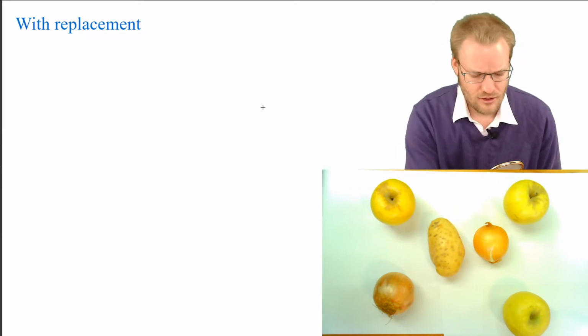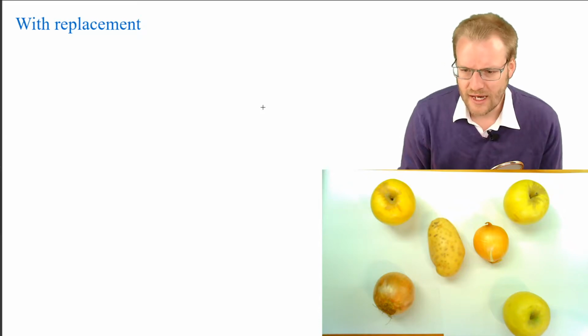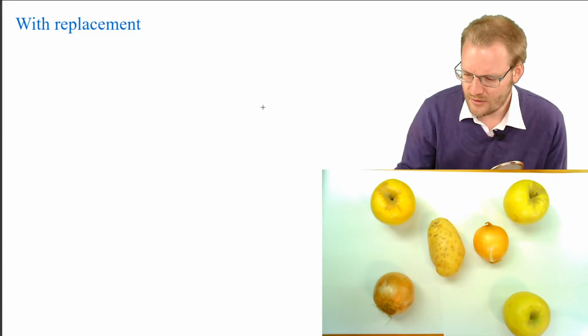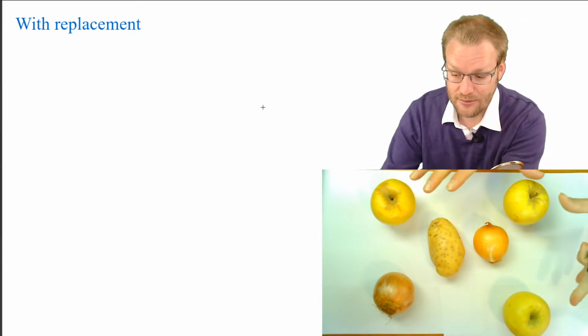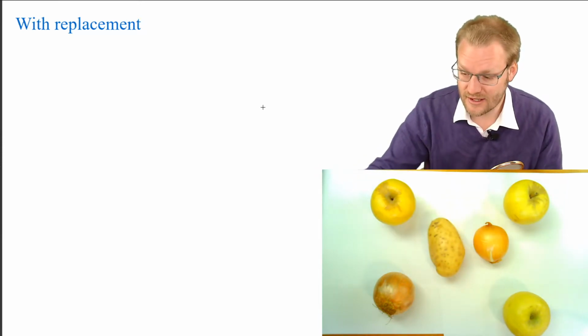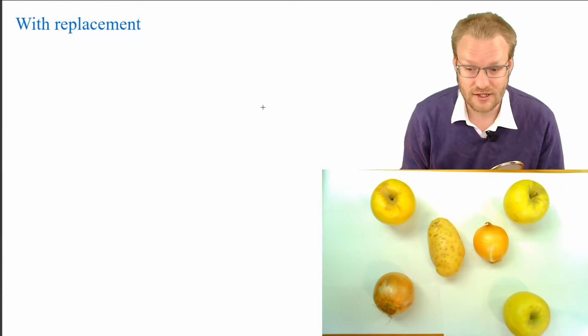So let's just start with some basic questions to get ourselves into it. How many different types of things are there here? Okay, I count 3 because I'm counting apples as one thing, onions as another thing, and potatoes as another thing. So I count 3 different things.